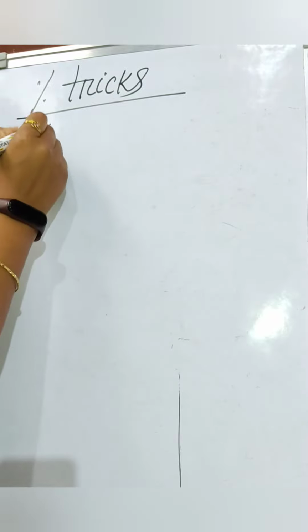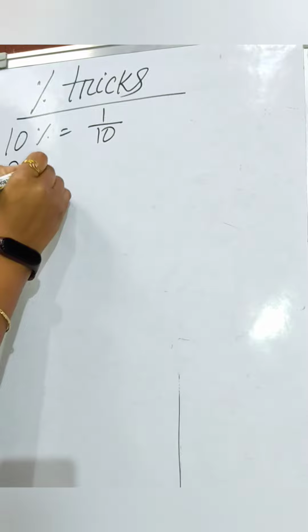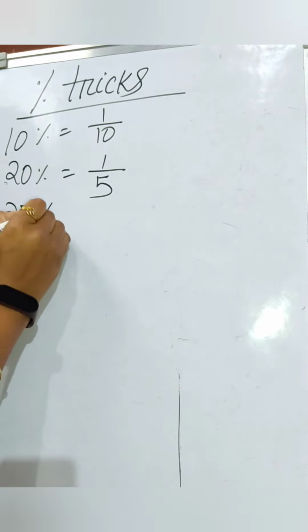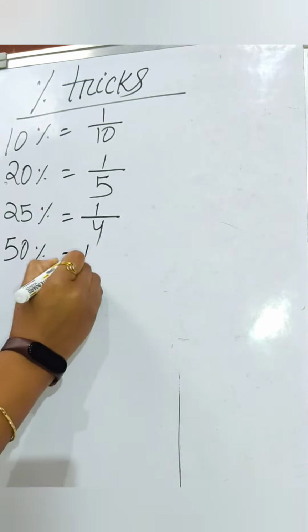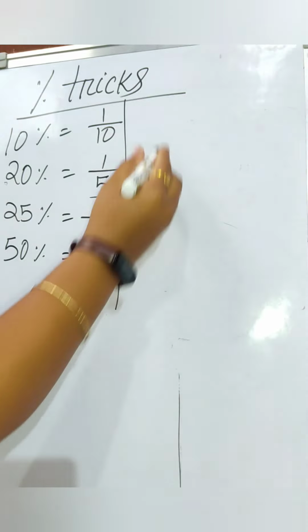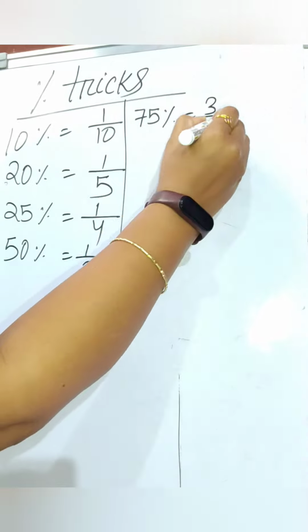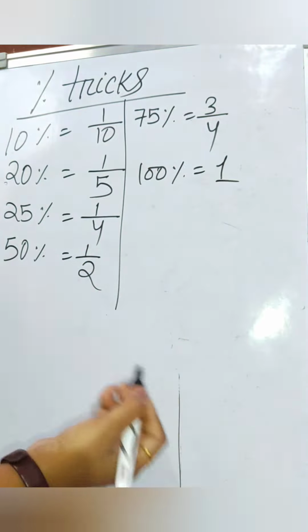Let's learn some more. So what we come to know: 10% is equal to 1 by 10, 20% is equal to 1 by 5, 25% is equal to 1 by 4. It's a quick recap. 50% is equal to 1 by 2. Similarly, 75% is equal to 3 by 4. 100% is equal to 1.